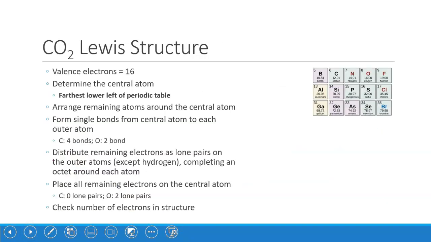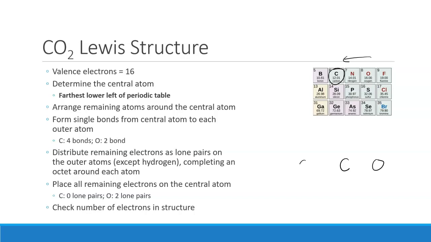Once we have the total number of valence electrons, we determine the central atom. Remember, that's going to be the lowest left atom of the periodic table. Looking at carbon versus oxygen, carbon is farther to the left than oxygen, and therefore is the central atom. Then we surround that carbon with oxygens.